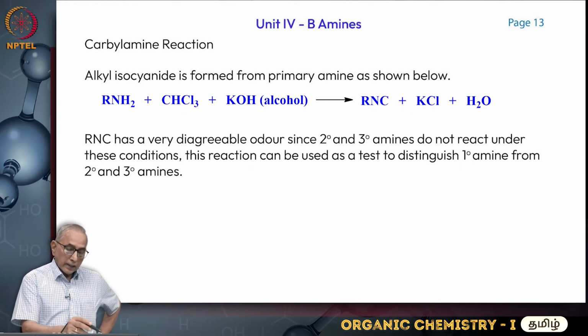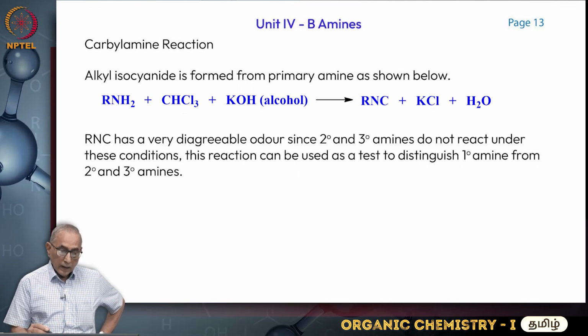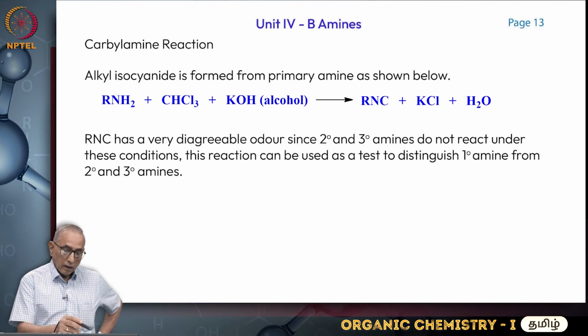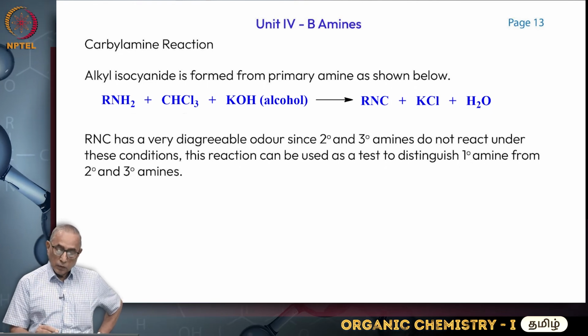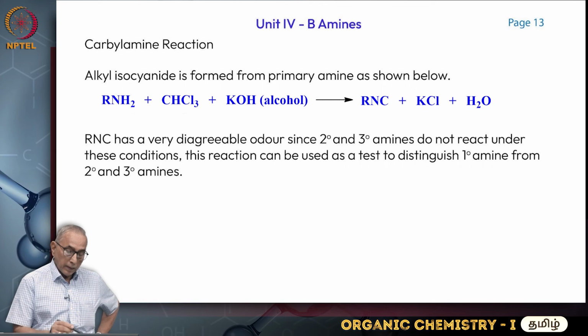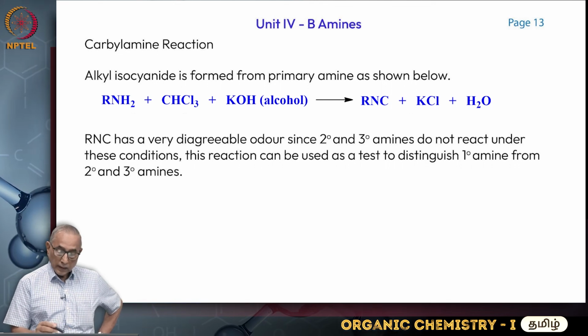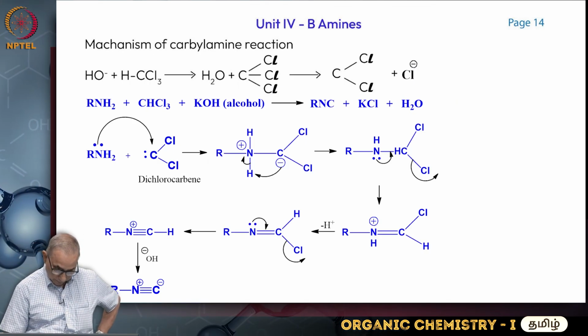The other secondary and tertiary amines do not give this reaction. So if you treat the amine with chloroform and KOH and you get a very foul smelling compound, that means the original compound is a primary amine. Secondary and tertiary amines will not react and you don't get this carbylamine.